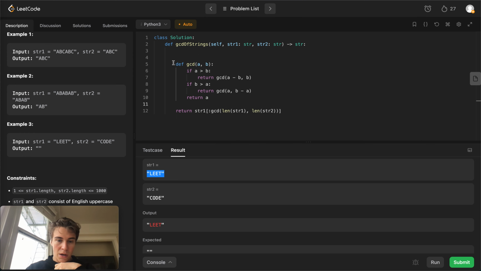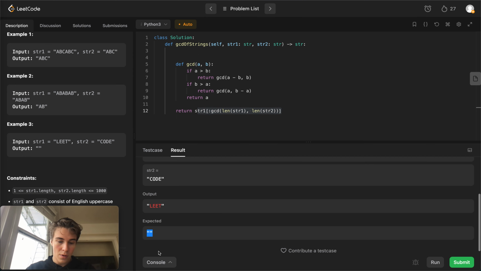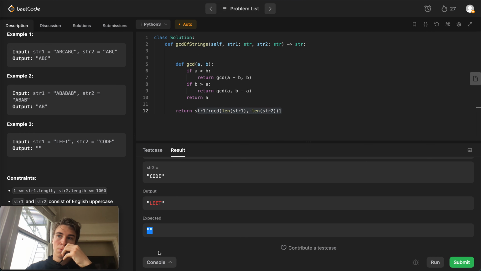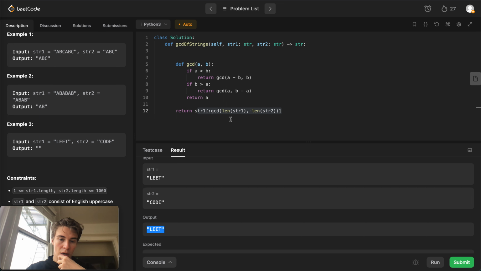What's happening here is essentially we're returning nothing, right? No, we're not returning nothing. We're returning leet. Why are we returning leet?